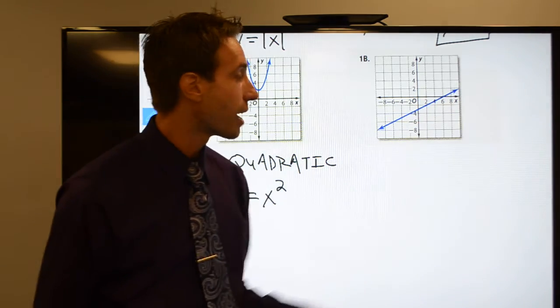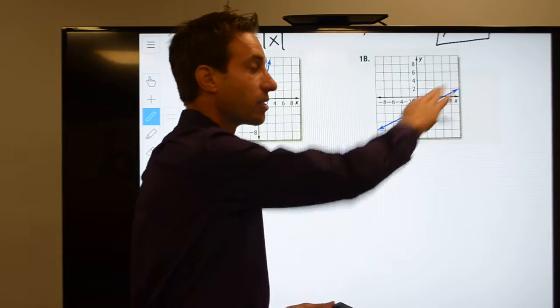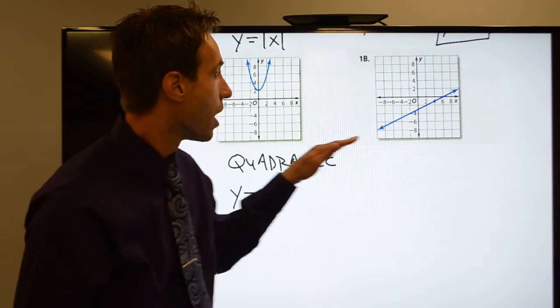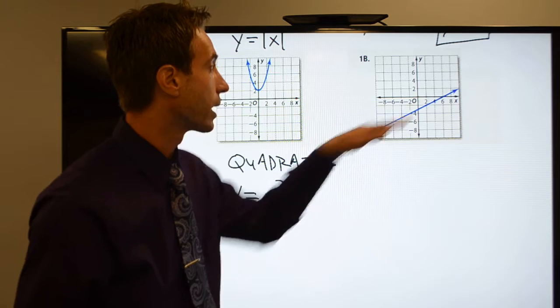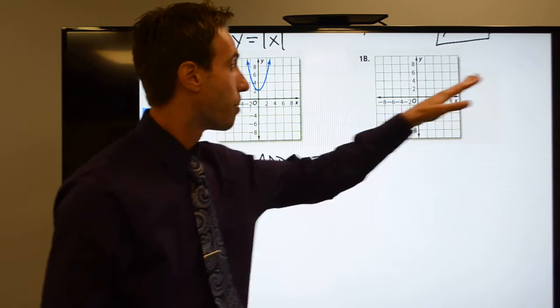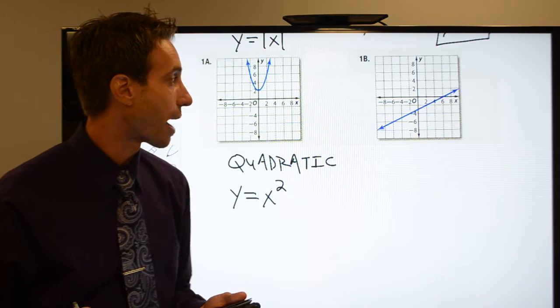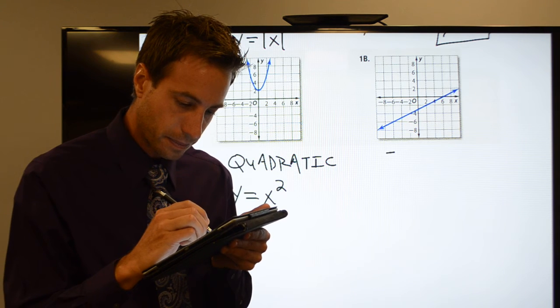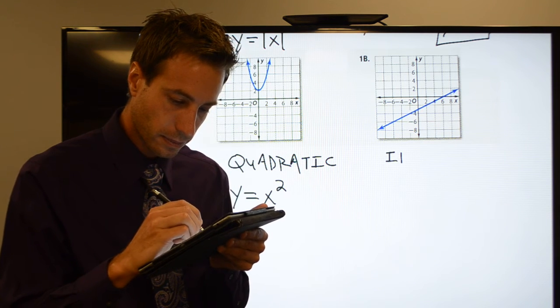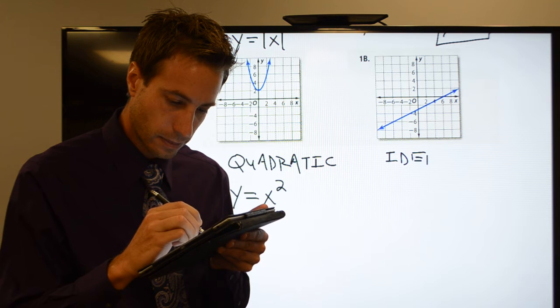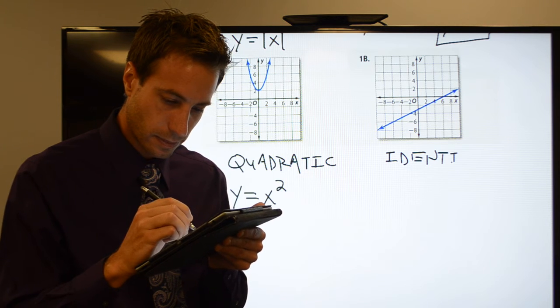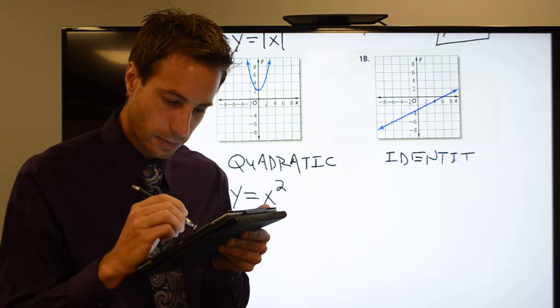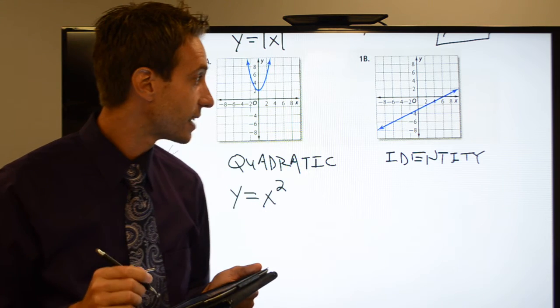And then the last one I've got here, well, it is a line with a positive slope, going linear. It's a linear function, positive slope, going up through my graph here, and so I'm going to recognize that as the identity function. So that is the identity function.